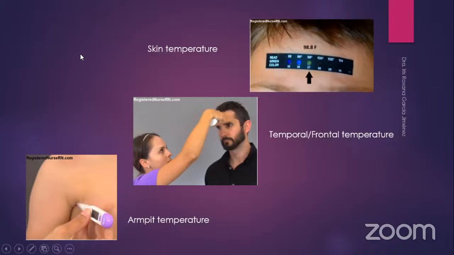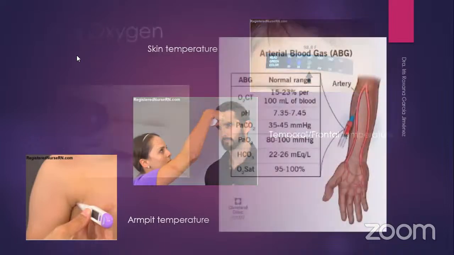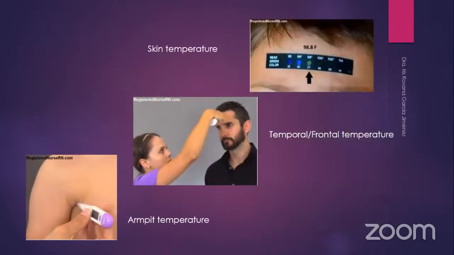At this time, sometimes we prefer to use electronic devices. But these electronic devices have some differences from the mercury thermometer. The mercury thermometer is, in my opinion, better, because it's not going to change through time, and it's not easy to get broken.